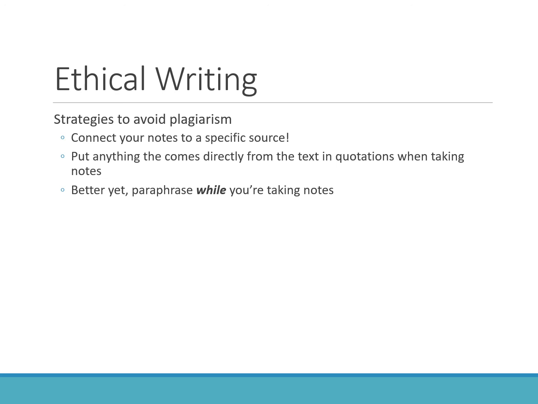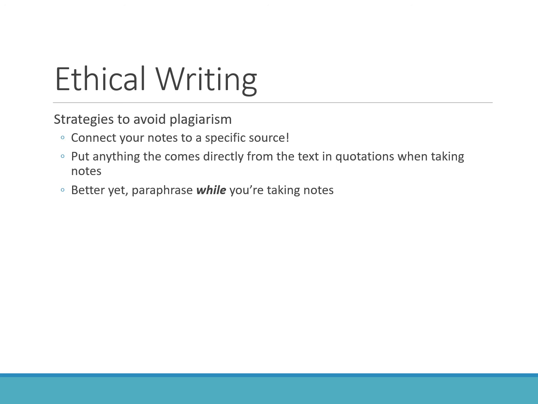So, a couple of things to avoid plagiarism. Even if you're paraphrasing, you still need to know the source of where your notes came from. If you're taking notes today and you are writing your paper 2 months from now, you're not going to remember where they came from. So one key strategy is to connect your notes to a specific source.